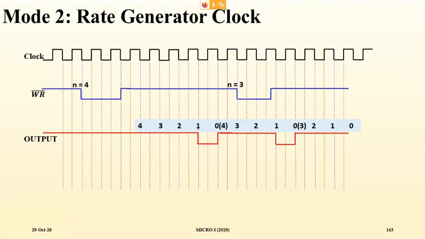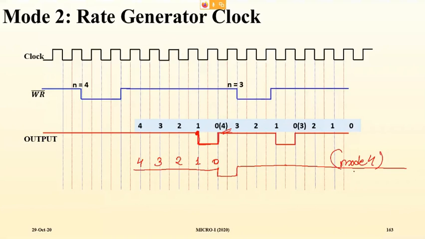The count was decrementing, and when it reached 1 rather than 0, it remained low for one clock period, and then automatically reloaded the same number. Here in mode 4, the difference is the count goes 4, 3, 2, 1, and 0 is the terminal count, and then the output remains low for one clock period, and then it will be high for the rest of the time unless you write a new number. This is mode 4. That's the difference here.